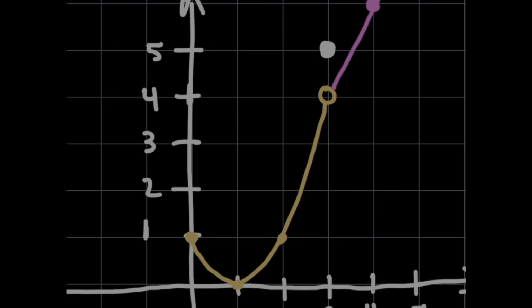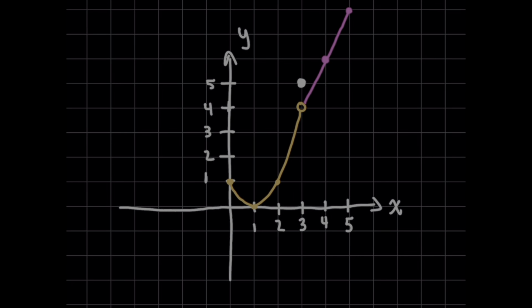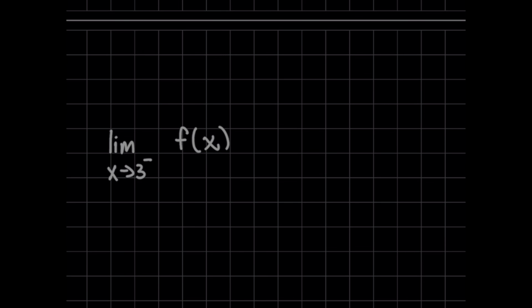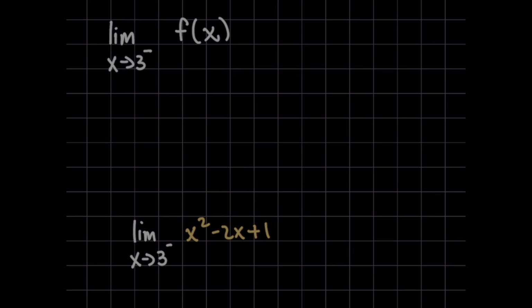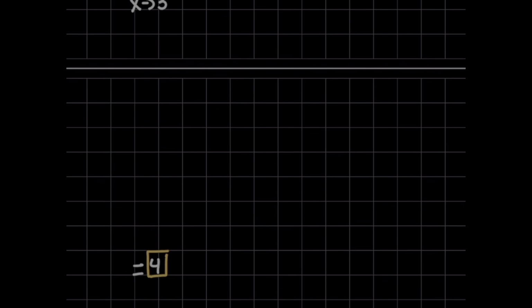Think about values where x is 2.999999, etc. You actually approach an output value of 4 because that value at (3, 5) is not on the domain here. It's a trick. Okay, so we know then that approaching f of x from the left of 3 is going to give us basically the result of x squared minus 2x plus 1 walking towards 3 from the left. And we saw that's a 4, right?